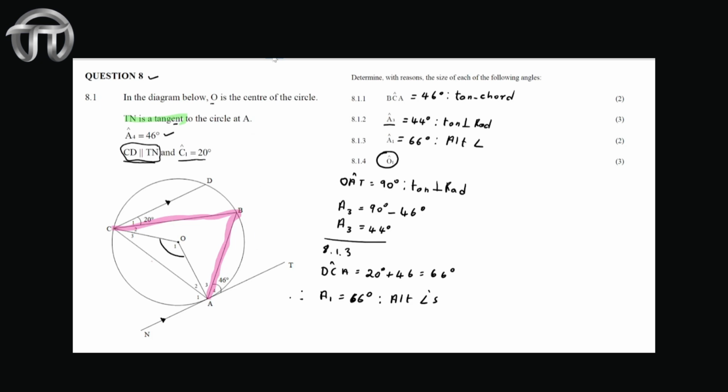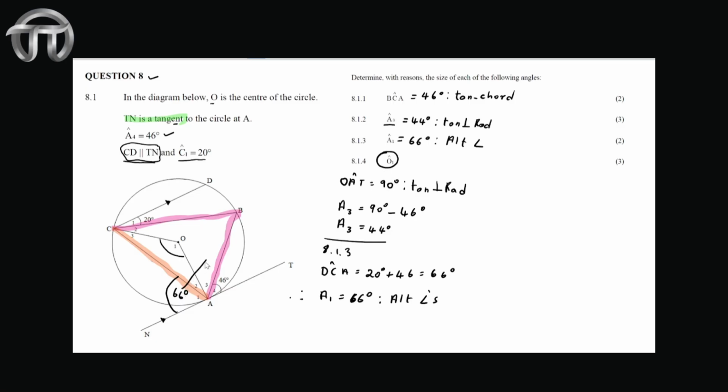And then if you observe very carefully, you will notice that you have a chord here. And then after having that chord, you have an angle between the tangent and the chord. Remember, you were told that NT is a tangent to the circle. Already you have established that this angle here is 66 degrees. So the angle between the tangent and the chord, the one that you found here, is 66 degrees.